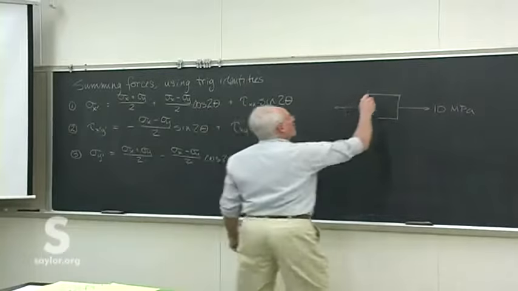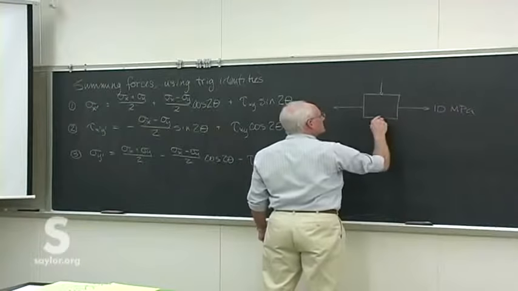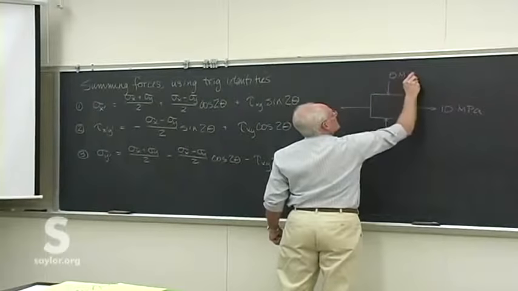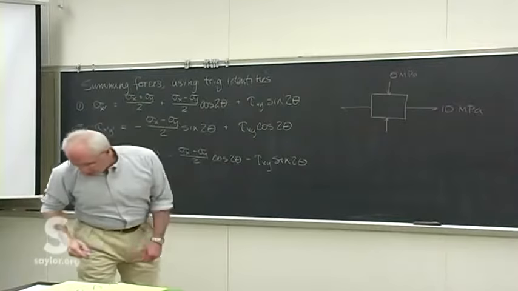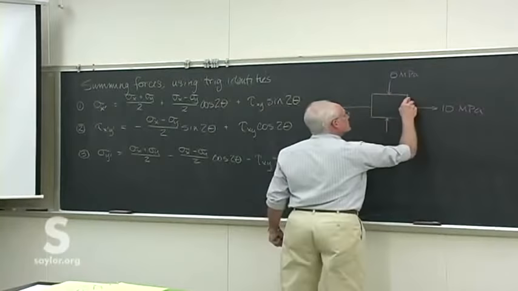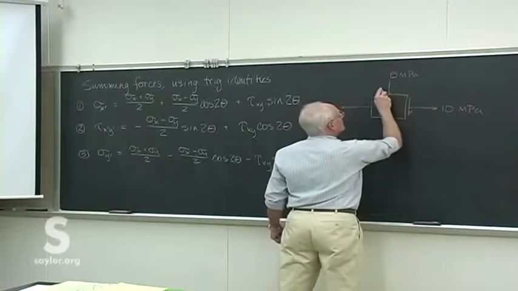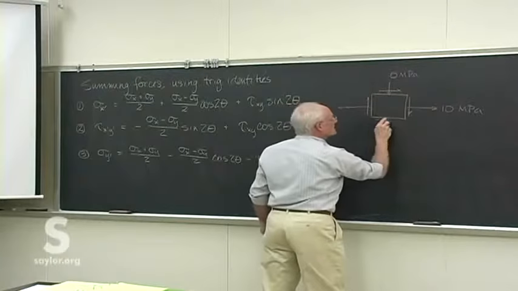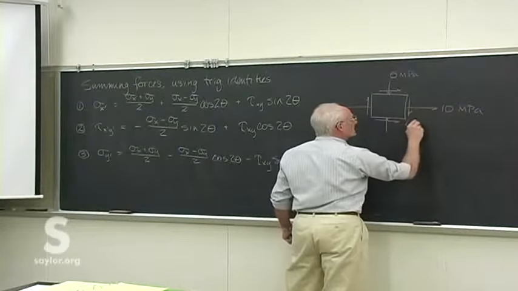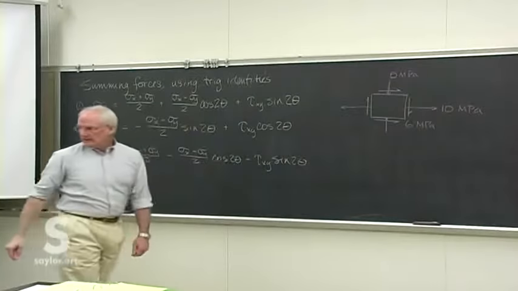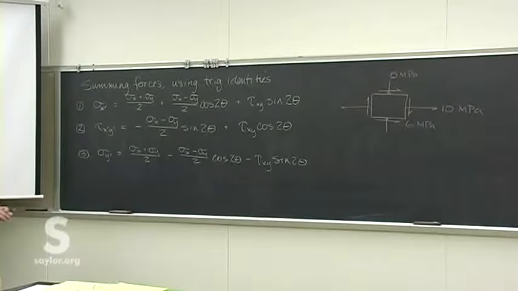The y stresses happen to be compressive at 5 megapascals. And the shear stresses, now remember our convention on these, this is the negative direction, and we're going to need that.